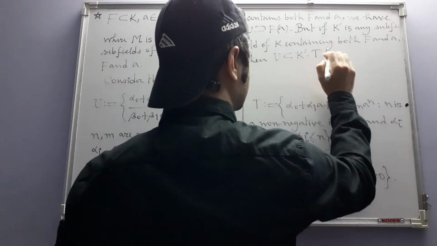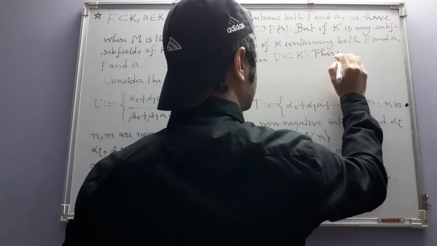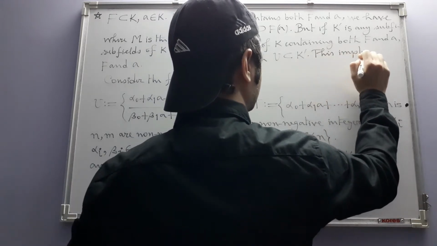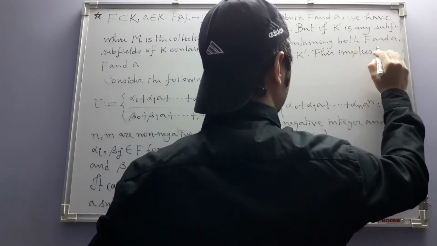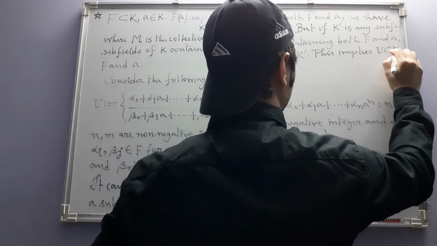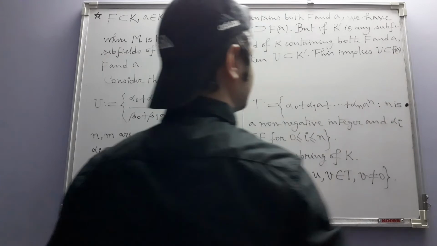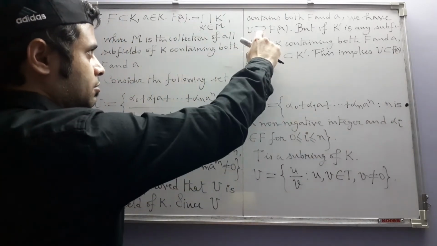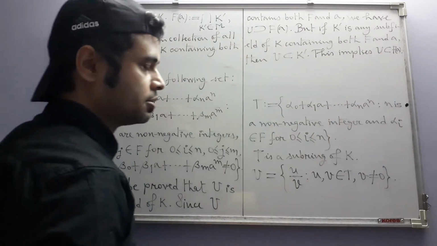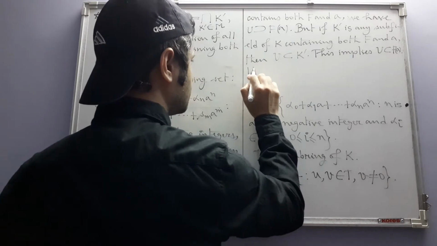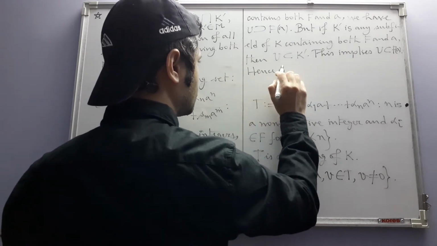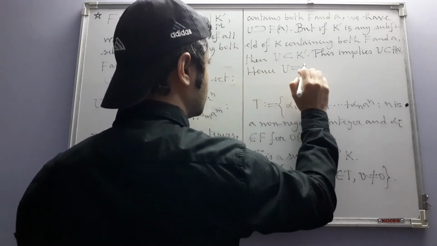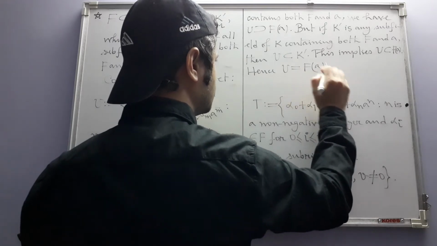This implies U is contained in F(A). Now you combine these two inclusions. Hence, U is equal to F(A).